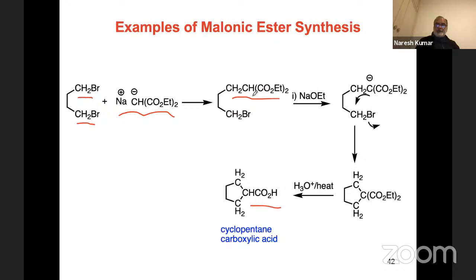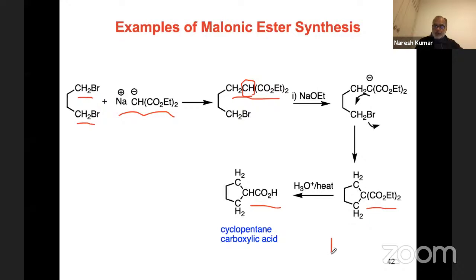And then you can still remove this proton here because this proton is acidic next to two ester groups. And then you can get the second reaction from that carbon onto the alkyl halide, kicking out the Br. And then you get the diester here. And if you hydrolyze this diester to the carboxylic acid, you will get the monocarboxylic acid compound.